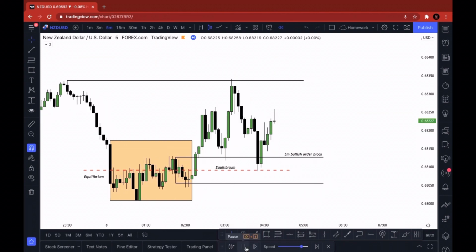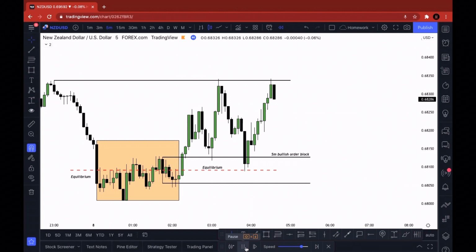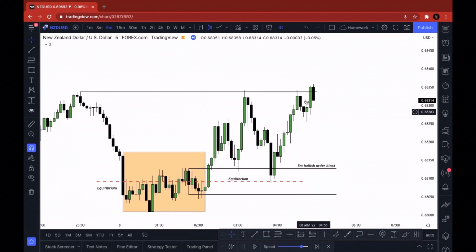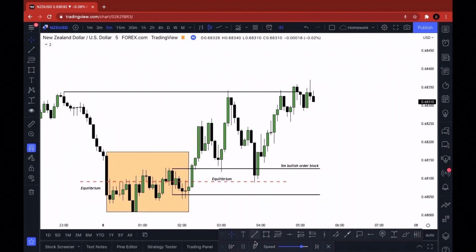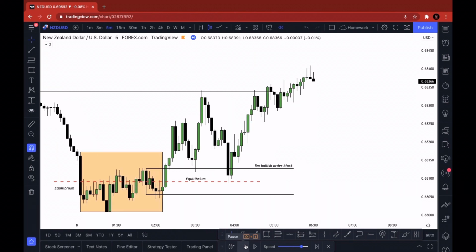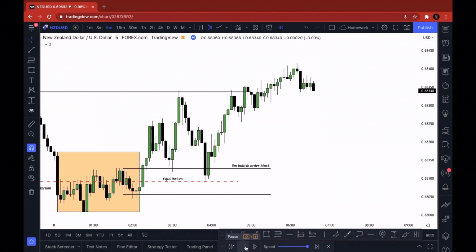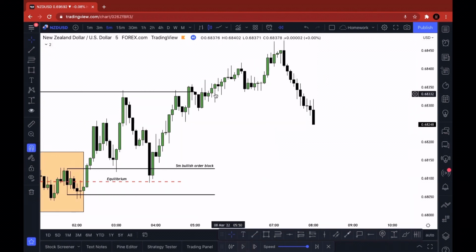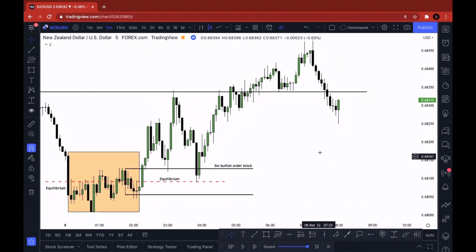Speed up a little bit. Price comes back to this high. And speed up a little more. And does what? After breaking this high, what does price do? What phase does this look like now?